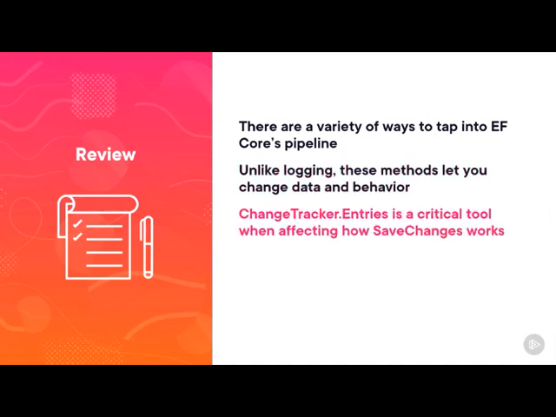When you're focused on the save changes pipeline, whether it's through overriding the save changes method, wiring up event handlers, or intercepting the events, the change tracker entries is an important method as it returns the details of the data that the context is tracking. You saw me modify those details by setting the value of a last updated shadow property, which became part of the SQL command sent to the database.